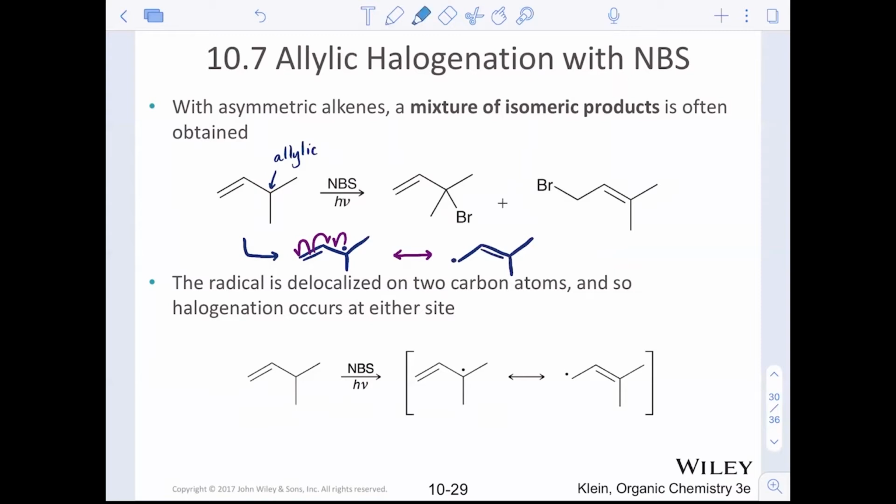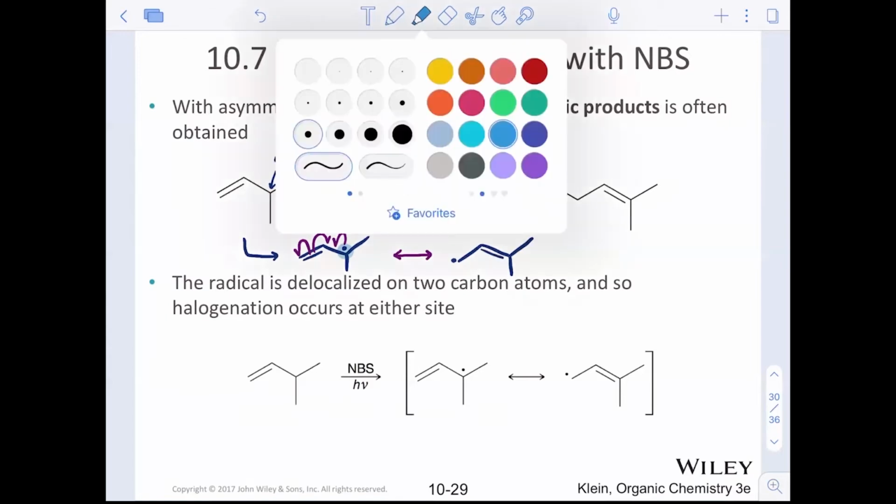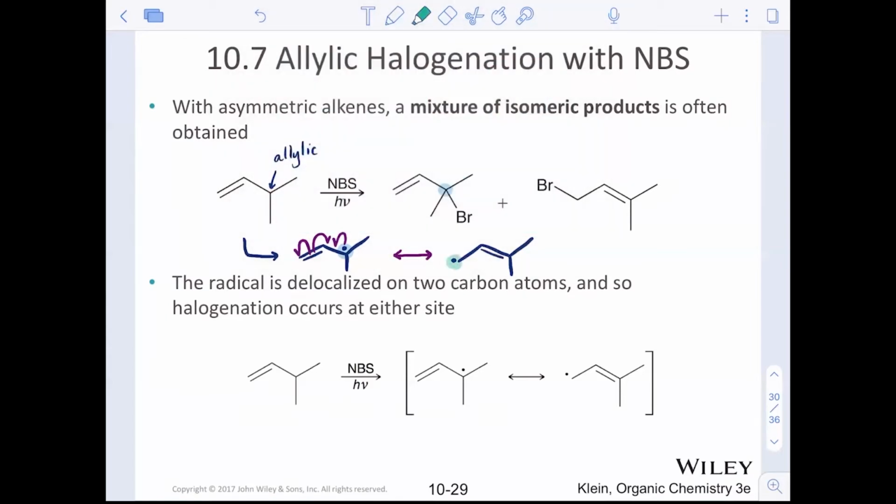All right, so we do have this blue radical going forward in halogen abstraction to make the first product. We could also see this green radical going forward to make the primary in the bromine or the halogen abstraction.